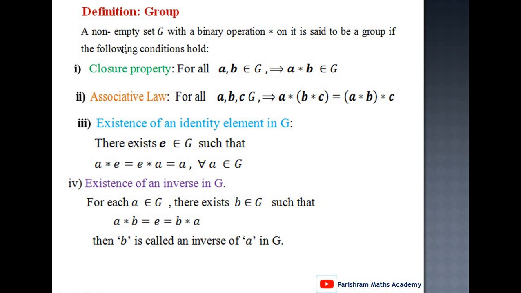First, G is a non-empty set, star is a binary operation on G. If the closure property is satisfied, the associative law is satisfied, an identity element exists, and an inverse exists, if these four conditions hold, then G is called a group.